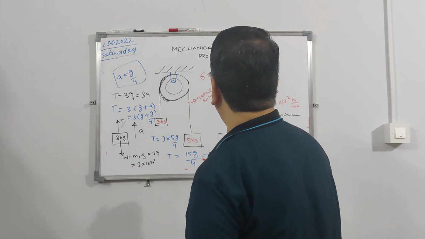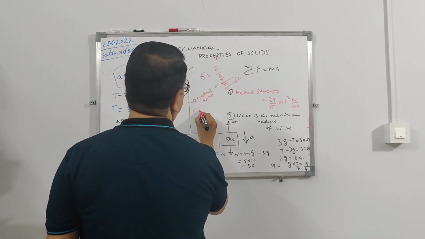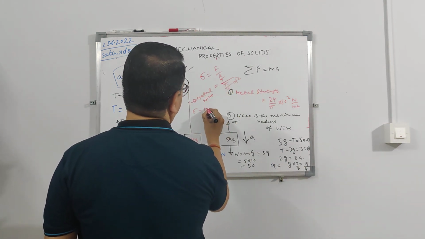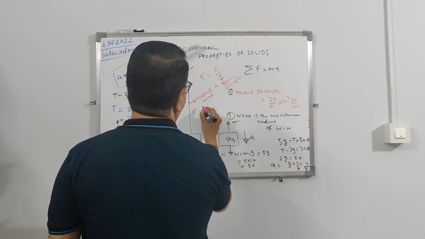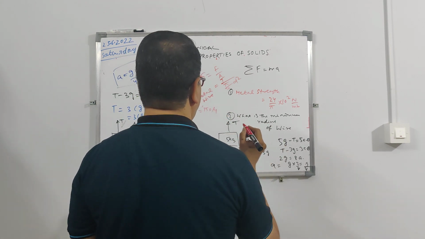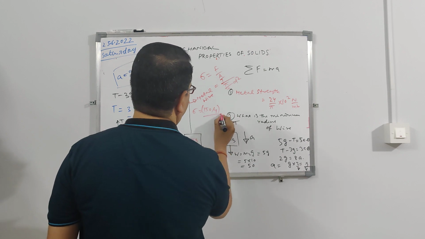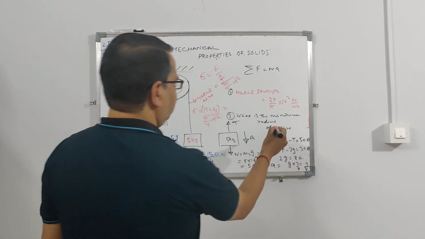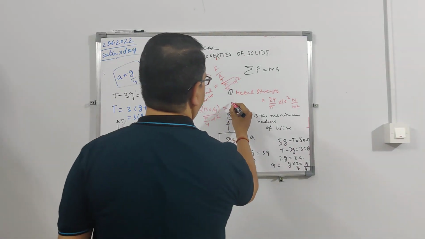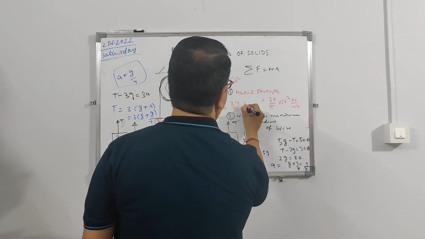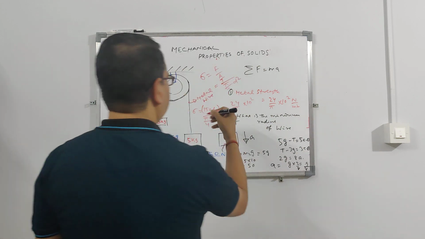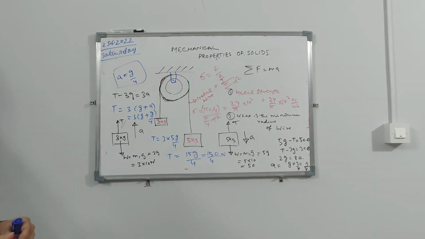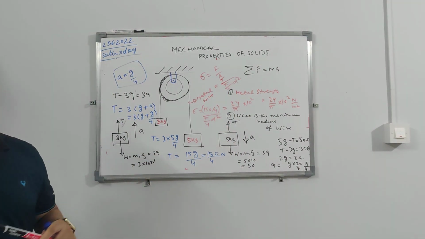You have to find r, so sigma is equal to 15G by 4 divided by pi r square, and so on. You have to find radius. So you have only one unknown here, and that will give you the minimum radius of the wire.